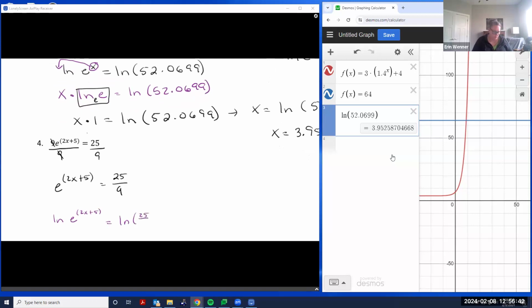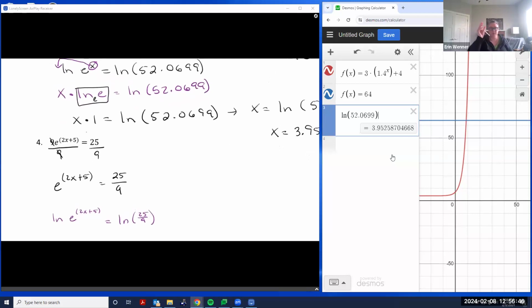Just like in the previous example, when I take the natural log of e being raised to that exponent, it allows for everything in that exponent to come down in front.